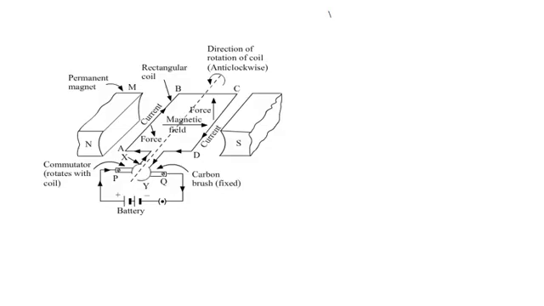So what is the principle of electric motor? When a current carrying conductor is placed in the magnetic field, then a force is applied on the current carrying conductor.